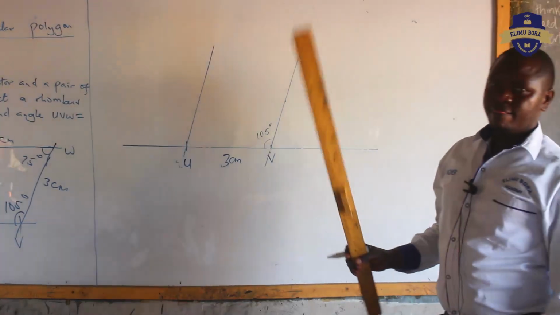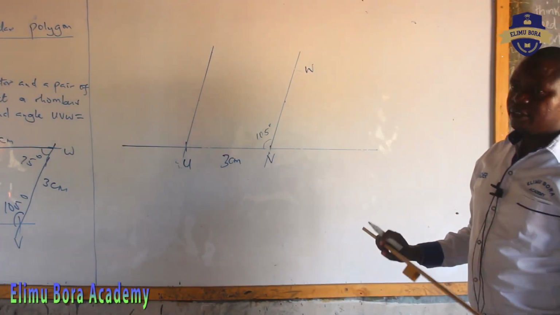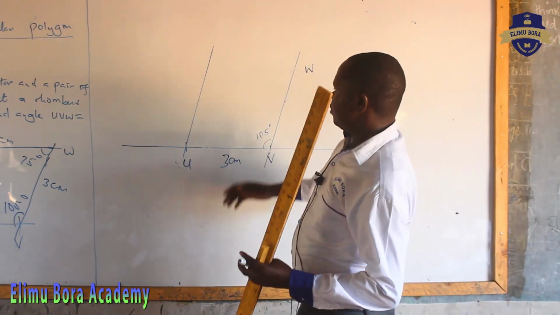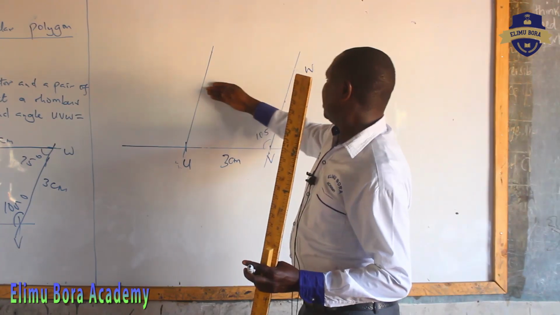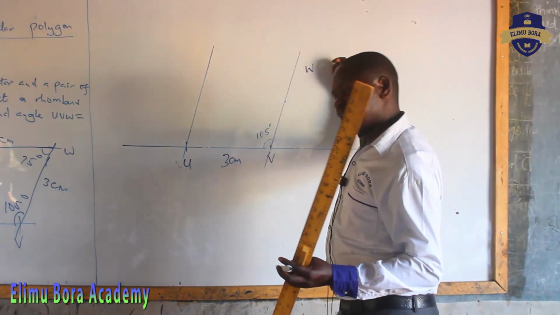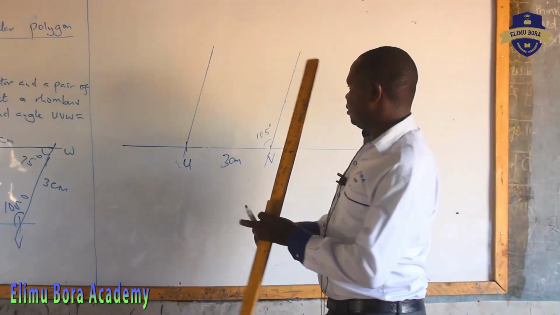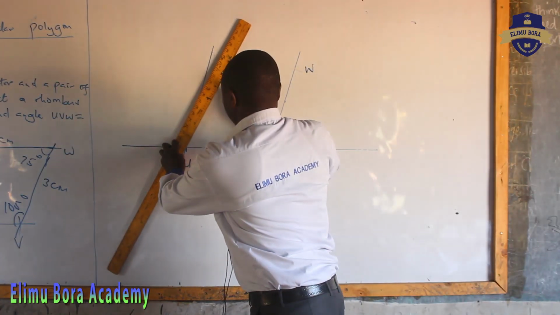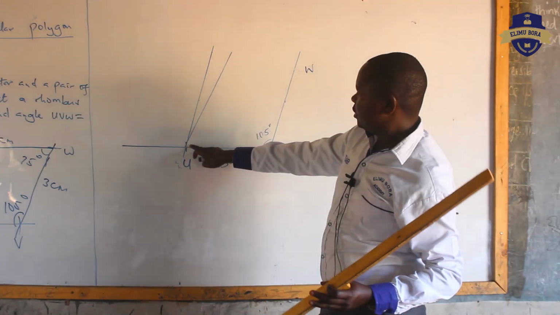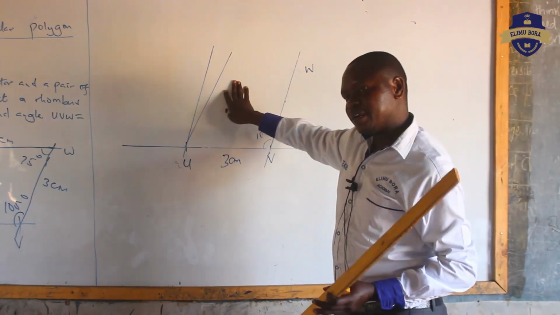Are we together? And I've seen most of you are failing to construct this 75 degrees. You are getting exactly 75 degrees, but when you measure the distance, the lines UZ and VW are parallel, meaning the interdistance should be the same. But I've seen some of you have drawn in this manner. So the distance here is not the same as here, meaning that these two lines are not parallel.